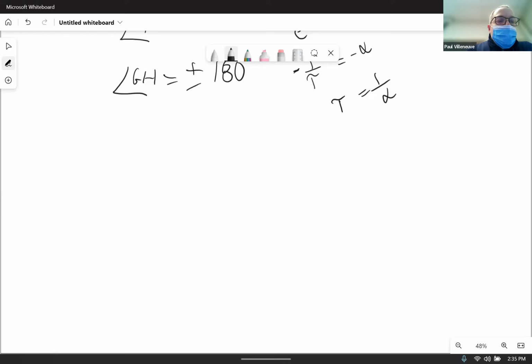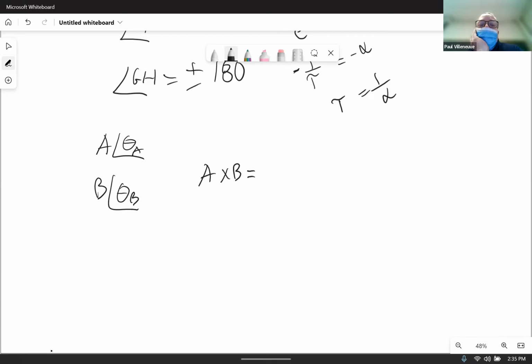Let's say that A and B are complex numbers. Don't use your calculators. What is A times B equal to? I'll give you one minute.